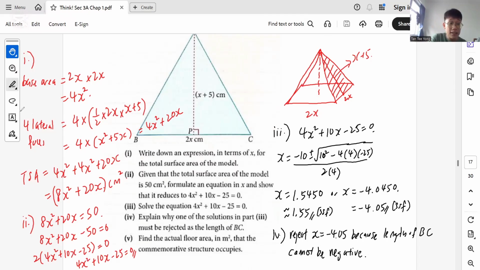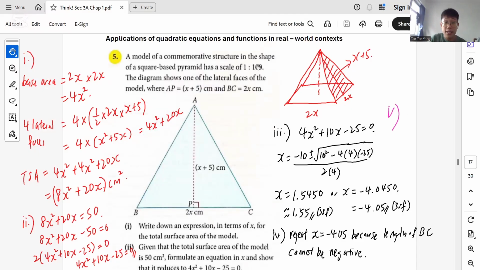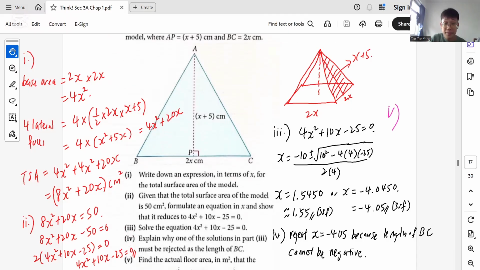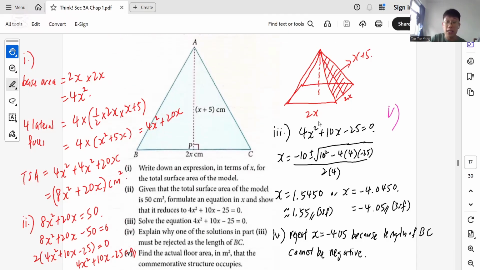Next, part 5. Find the actual floor area of the structure. Remember in the question, they say that there's a scale of 1 to 100. So let's find out the model floor area first.